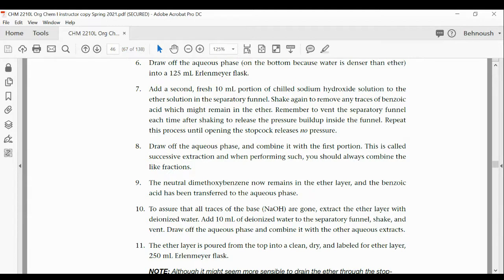You have to shake the separatory funnel, vent it to release the pressure, and then separate it. Shake it, vent it, and separate it before you add the next portion of 10 milliliters.